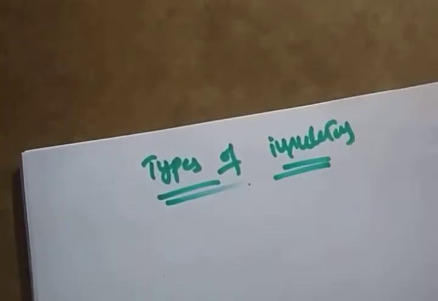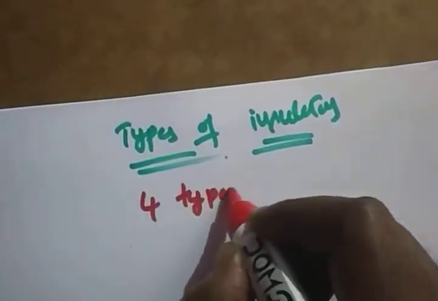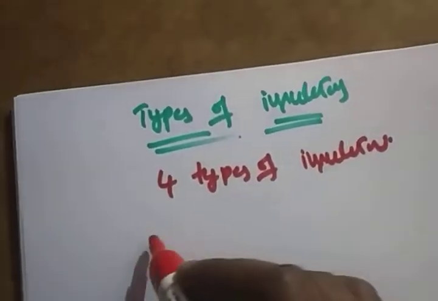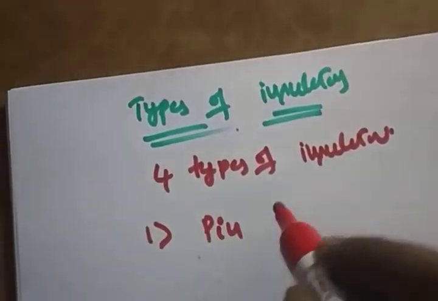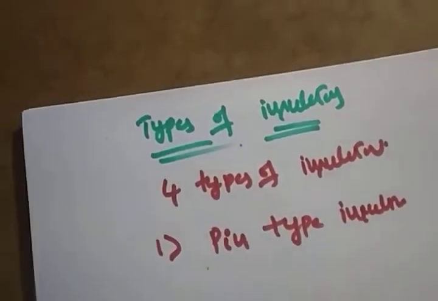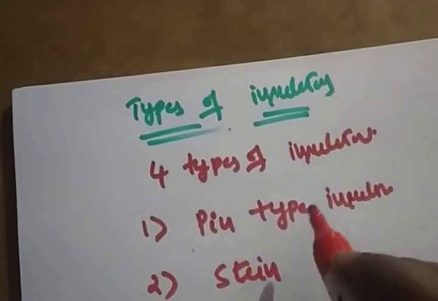There are basically 4 types of insulators. The first one is the pin type insulator. The second one is the strain insulator.